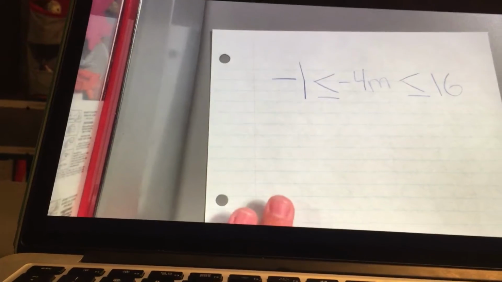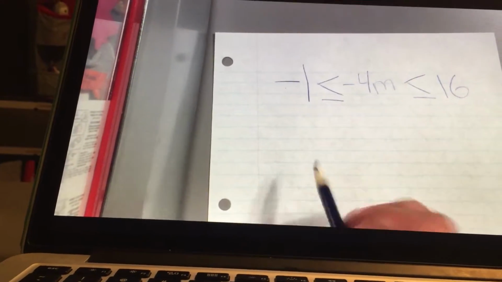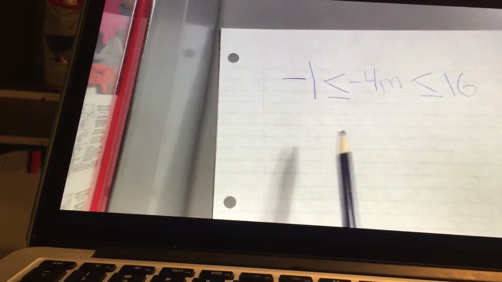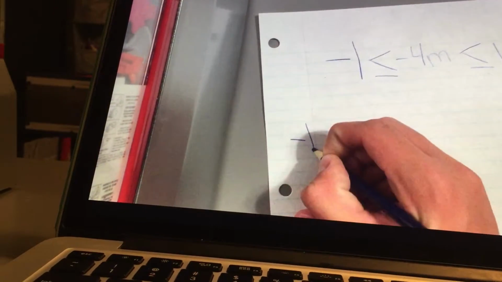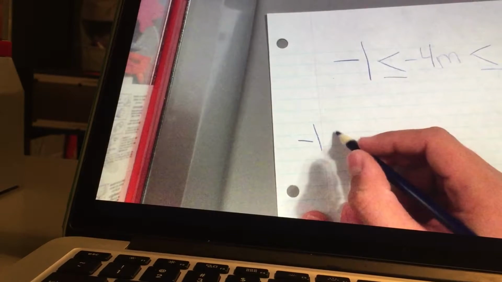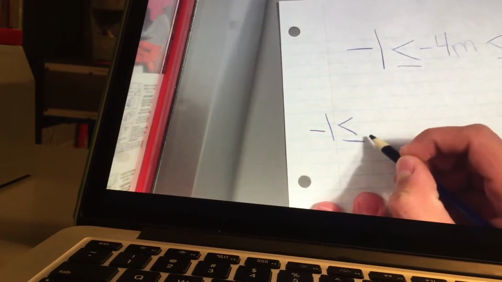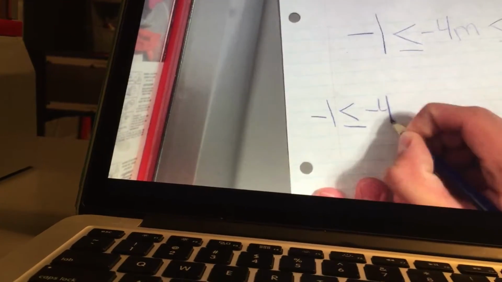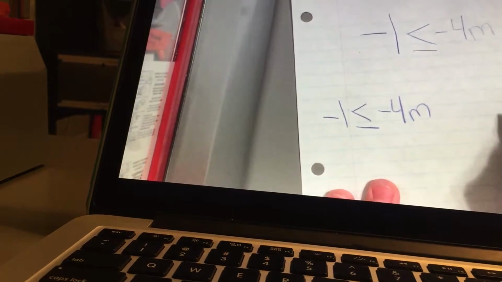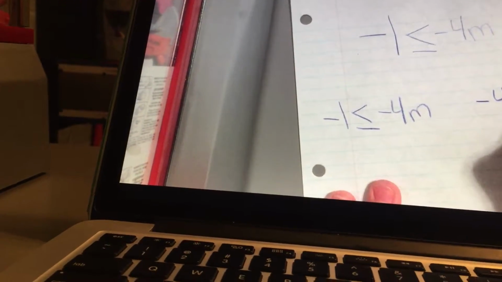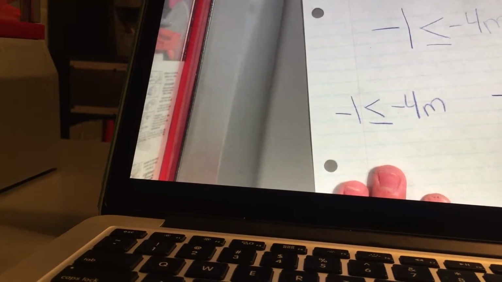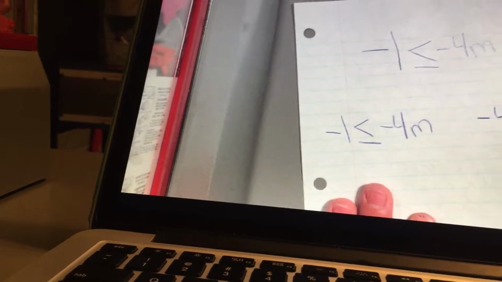For this problem, it's a little bit more difficult. We need to take this and make 2 separate inequalities. So the first one would be negative 1 is less than or equal to negative 4m. The other one would be negative 4m is less than or equal to 16.